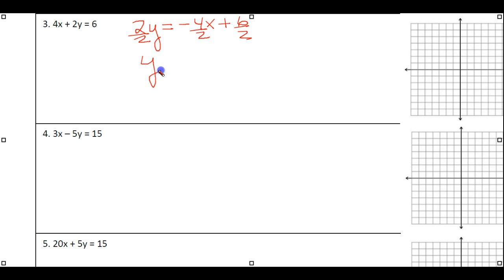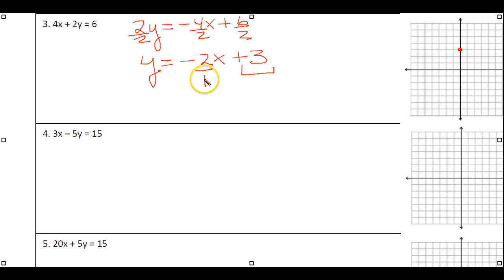I get y equals a negative 2x plus 3. So again, we'll use the technique of plotting the y-intercept. A plus 3. 1, 2, 3. Now our slope is a negative 2 over 1.